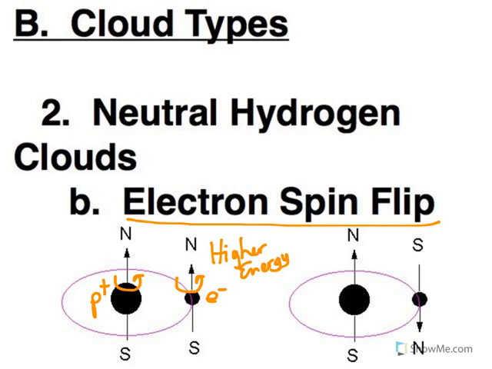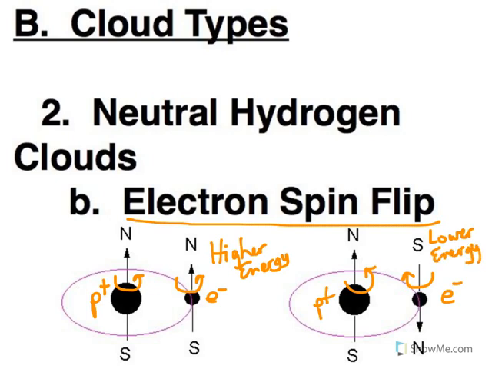And so it wants to go into a lower energy. Well, the lower energy is if our proton stays spinning in one direction and our electron flips over so that it's spinning in the opposite direction. That's the lower energy state.